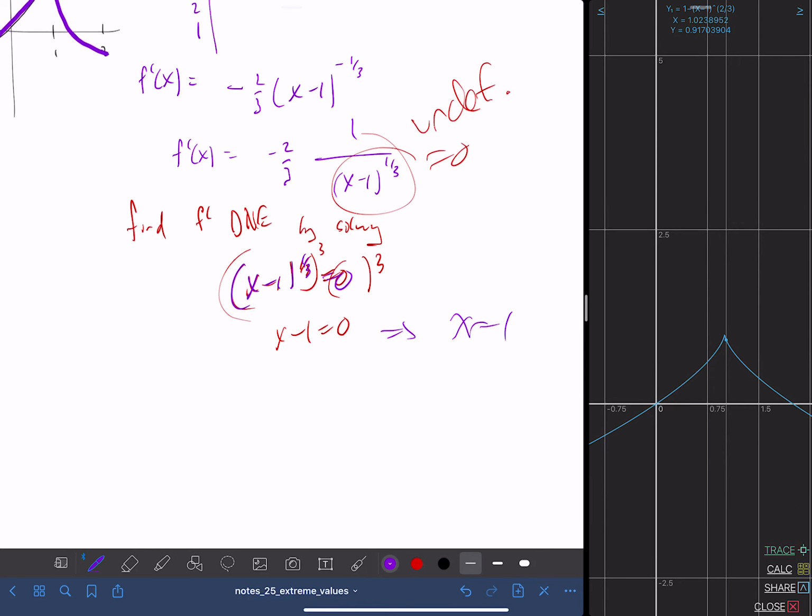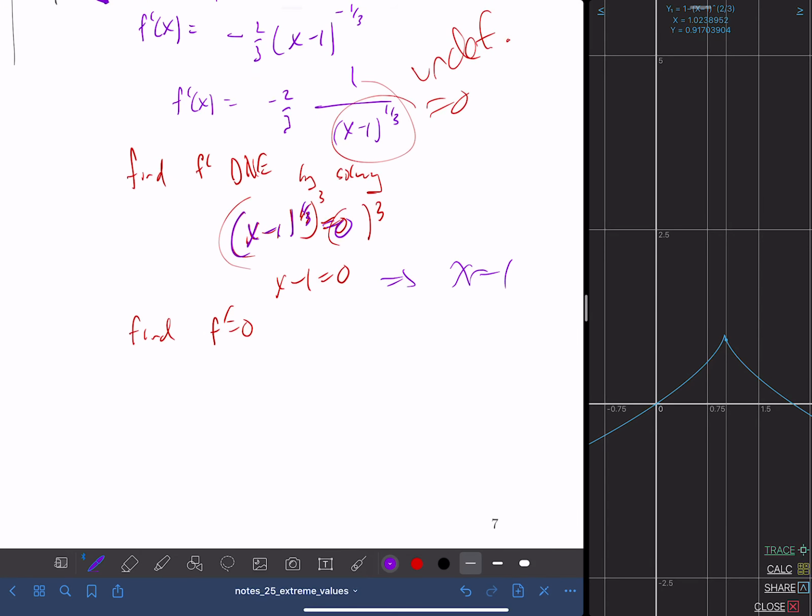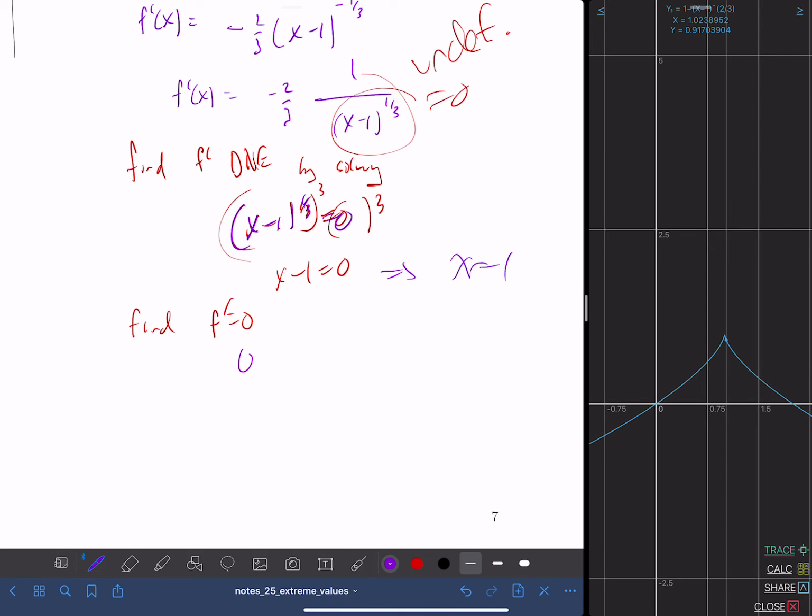We also need to ask where f prime equals 0. That's where 0 equals minus 2/3, 1 over x minus 1 to the 1/3. And we should multiply by x minus 1 to the 1/3.